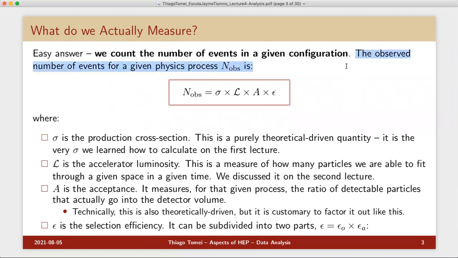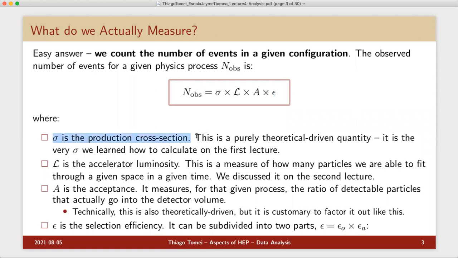So here I'm going to define the observed number of events for a given physics process, N_observed, which is sigma times L times A times epsilon. And what are each of these factors? Sigma is the production cross section. So this is what nature gives us. This is the probability.